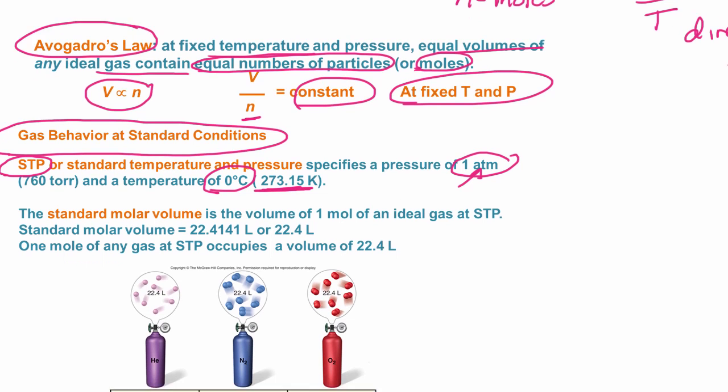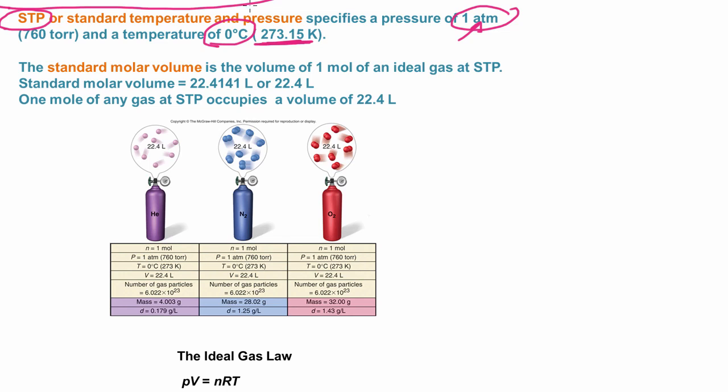Now we can talk about a standard molar volume. And this is the volume of 1 mole of an ideal gas at standard temperature and pressure. The standard molar volume is 22.4 liters. So here's the key. 1 mole of any gas at STP occupies a volume of 22.4 liters.